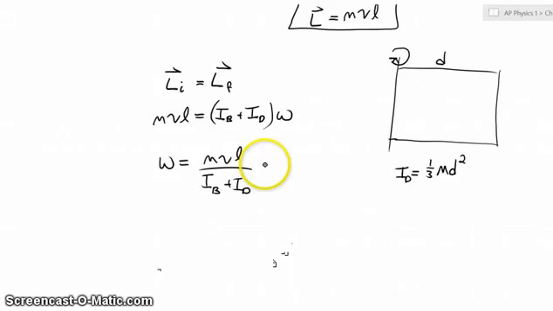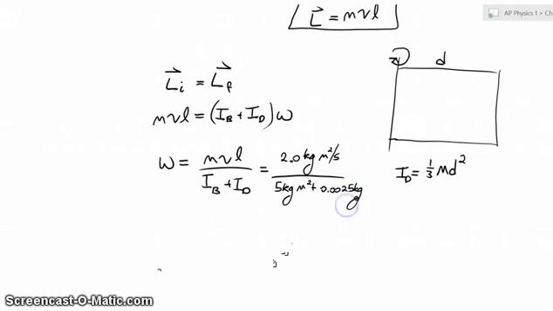And let's see, what are we going to get? That's going to be 2.0 kilograms meters squared per second. And on the bottom, we're going to get 5 kilograms meters squared plus 0.0025 kilograms.